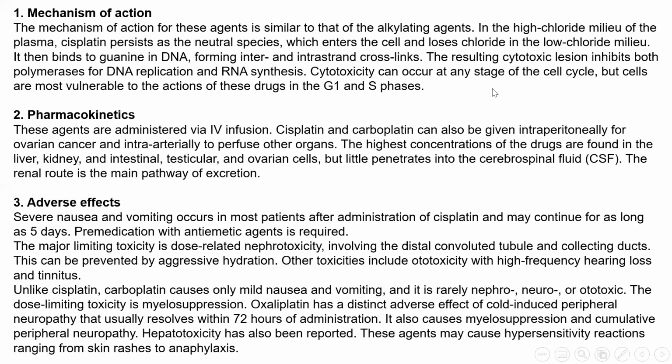Cytotoxicity can occur in all stages of the cell cycle, but I think these drugs mostly affect the G1 and S phases of the cell division cycle. Pharmacokinetics. These agents can be given by intravenous administration and also by intraperitoneal administration in the case of ovarian cancer, or intra-arterial administration in the case of other organs.